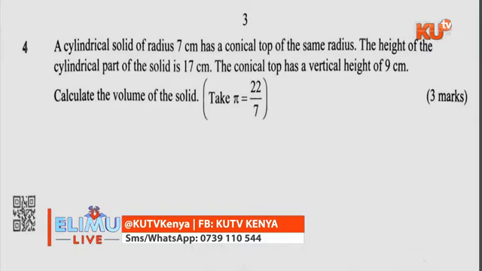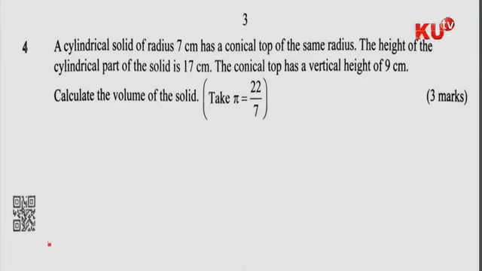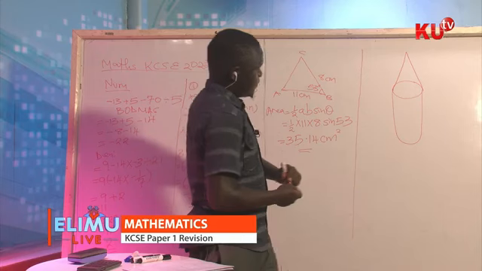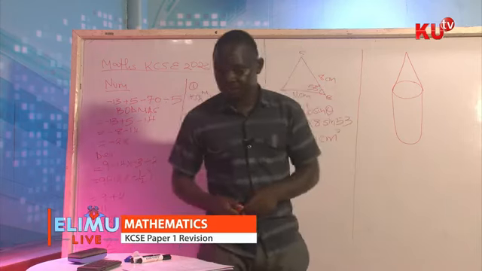This is how my cylinder may look like. That is my cylinder, dear students. And on top of it, we have a conical shape, a cone. So that is the figure the question is talking about.